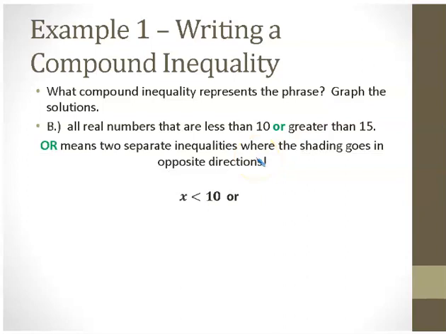So we're going to rewrite this, and show this time with two separate inequalities. I could have actually done the same thing on the last one. It's just a little bit more concise with the and to combine it into one. So if I have an or, though, I'm going to have two separate inequalities. One that says my solutions have to be less than 10, right? Less than 10, okay?